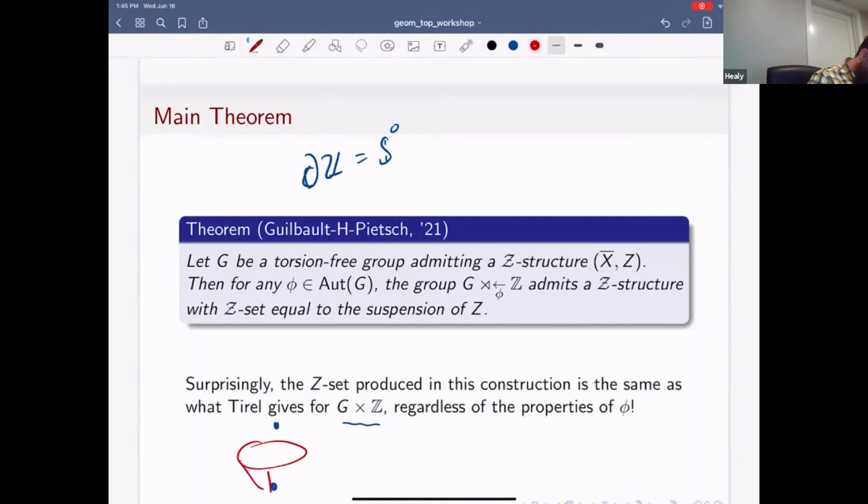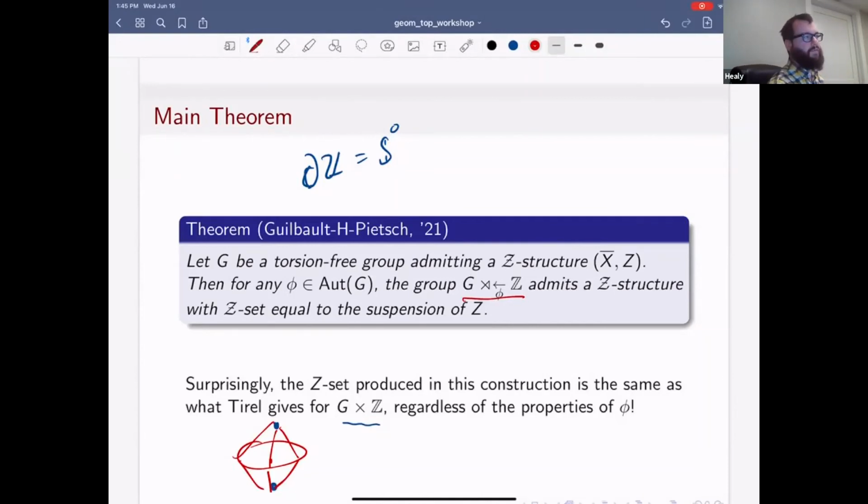Then what you get here is the suspension like you might expect. But what's a little bit surprising is that in this semidirect product structure, even if this is twisted, even if φ is highly non-trivial, okay, it could be infinite order or something, you're still going to get the suspension of ∂G being your group boundary.